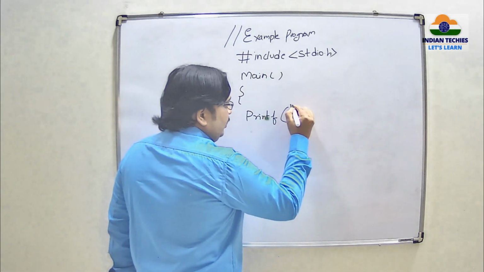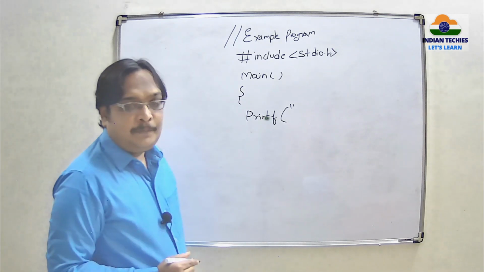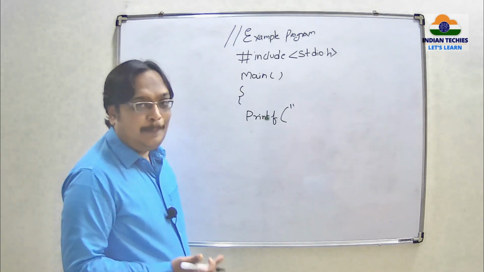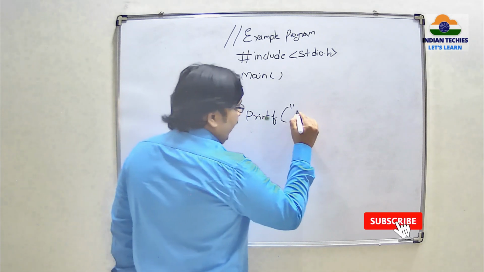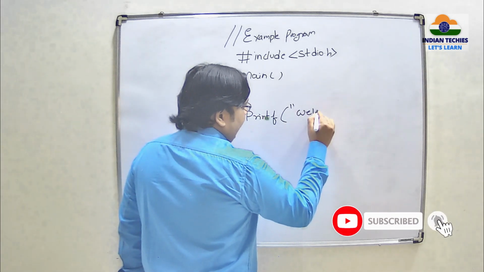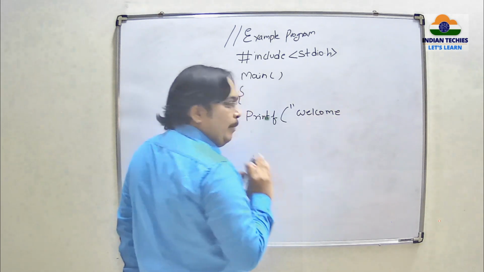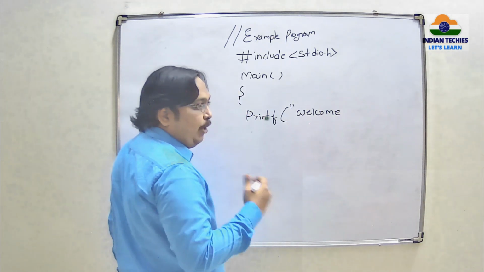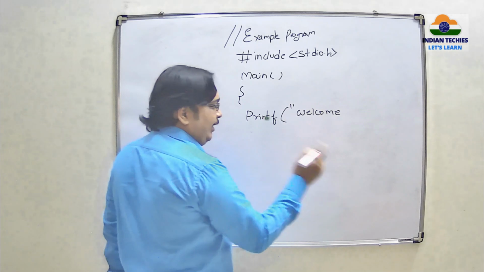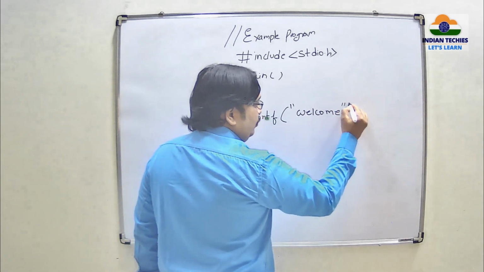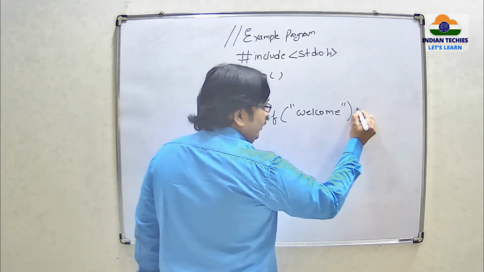Now start with the double quotes open. Whatever text you want to print on the screen, write down those characters. I just want to print welcome on the screen. So my printing has been completed. What I want to print has been written, and close the double quotes and close the parenthesis.